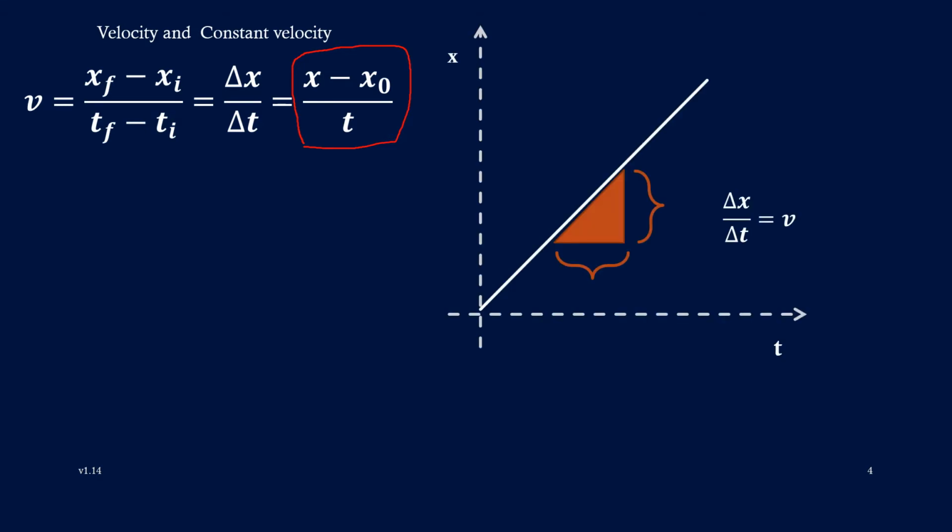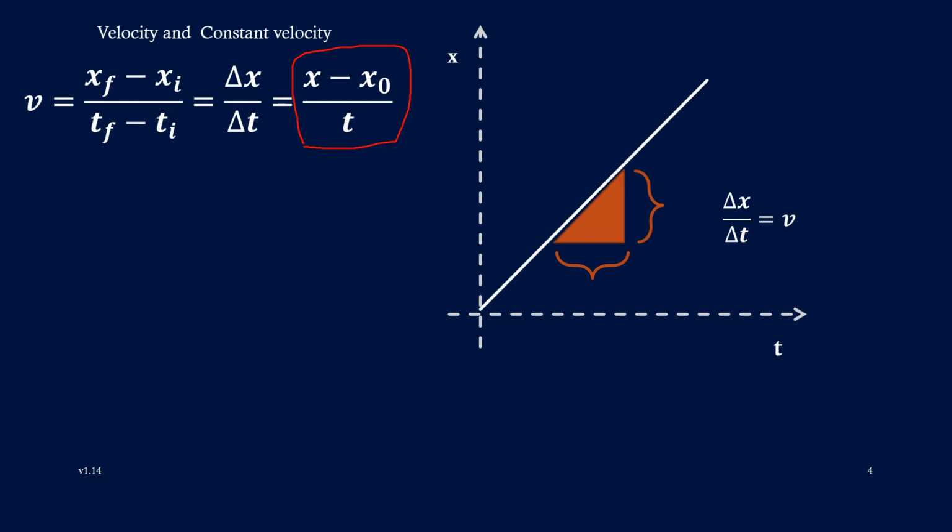Okay, so in a constant velocity, we have x versus t, and this line here is velocity. Okay, so if we take the slope, we have delta x over delta t, rise over run, and that's going to be equal to velocity.